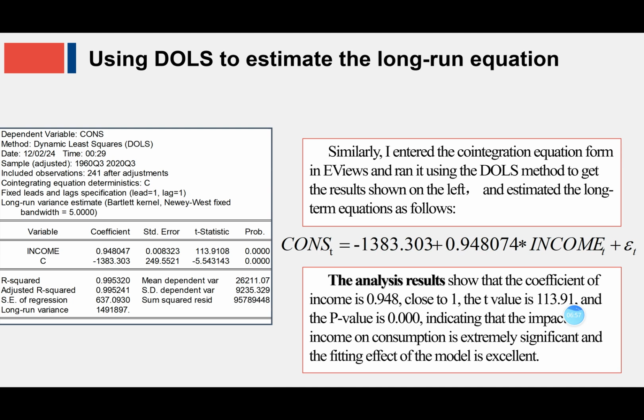The t-value is 113.91, and the p-value is 0, indicating that the impact of income on consumption is extremely significant, and the fit of the model is excellent.